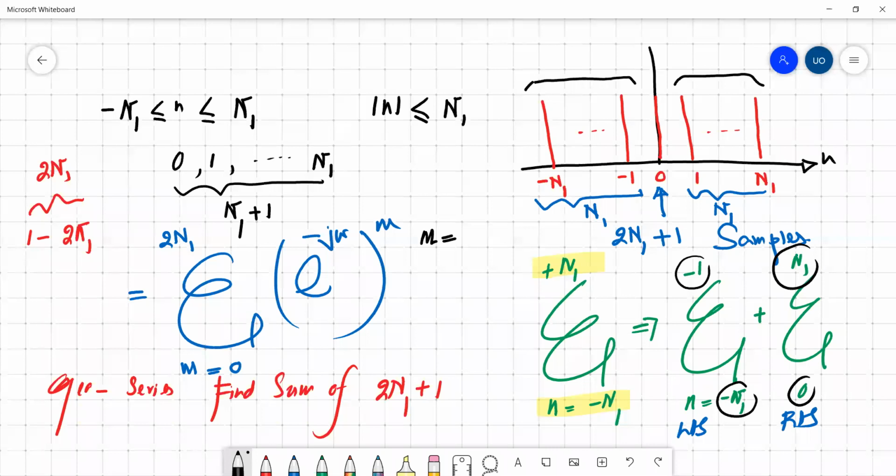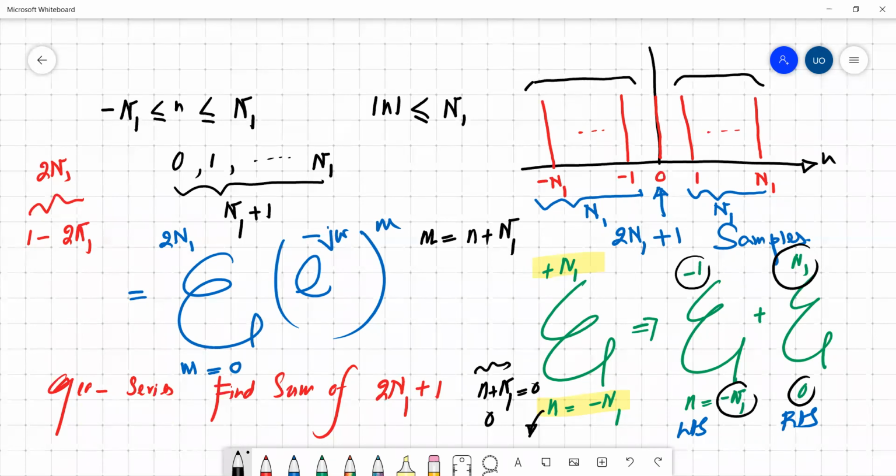So how do you define this m? What we want is to make this lower limit 0. How do you make it? If you bring this N1 here, then n plus N1 is 0. So if you want to make the lower limit 0, you can have this substitution here, n minus N1, so sorry, plus.